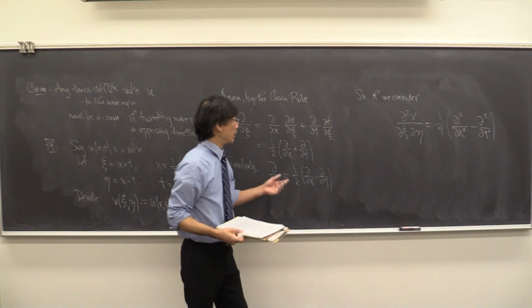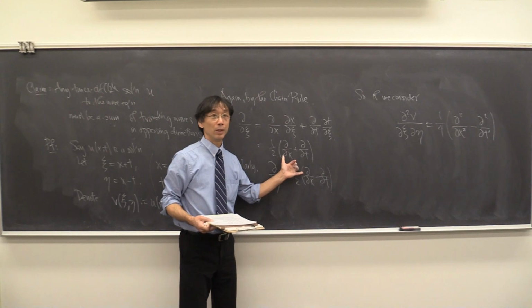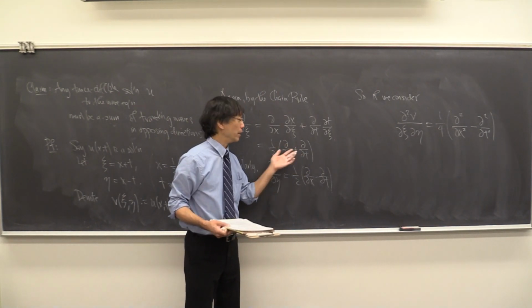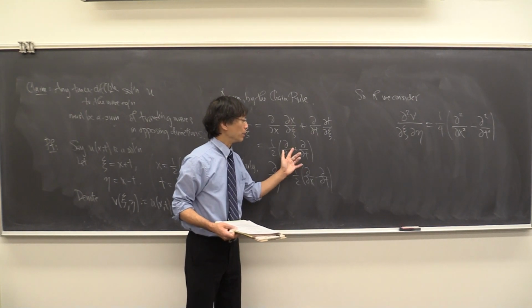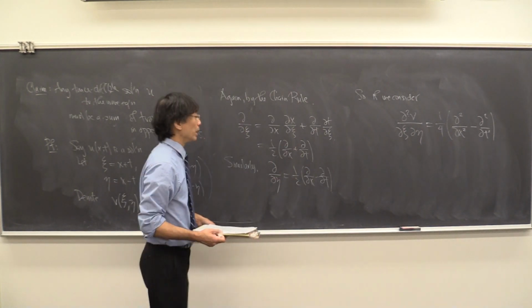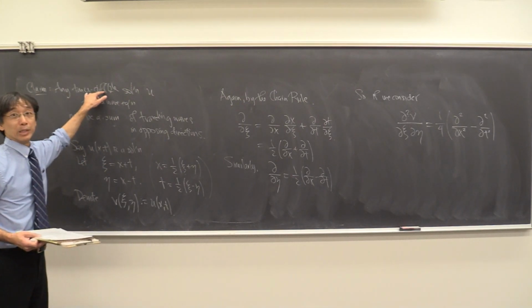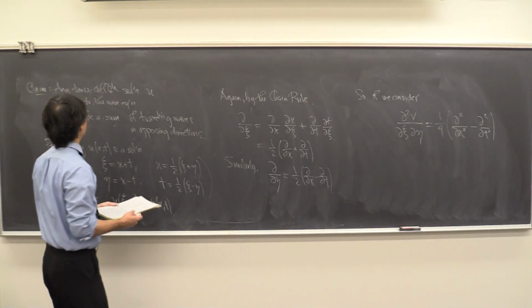Because you're going to get some mixed partials, but the mixed partials you can switch the order of, and so you get 0. The mixed partials can be switched because of the twice differentiability. Okay, so you do need twice differentiable.